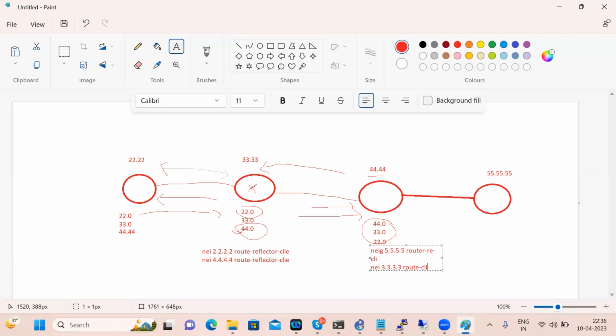Next hop self you use when you have connectivity from eBGP to IBGP. When you have connectivity from IBGP to IBGP, then you use route reflector client. So that is the conclusion.